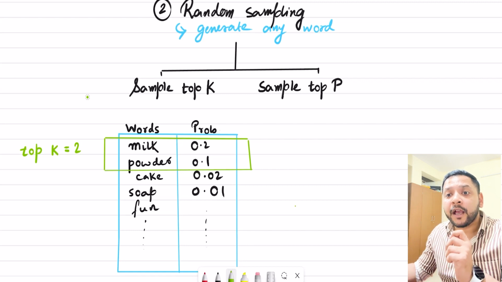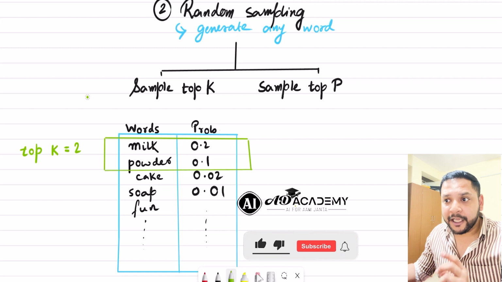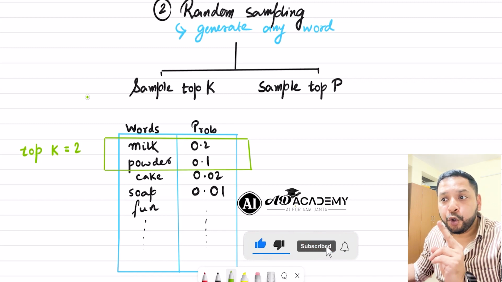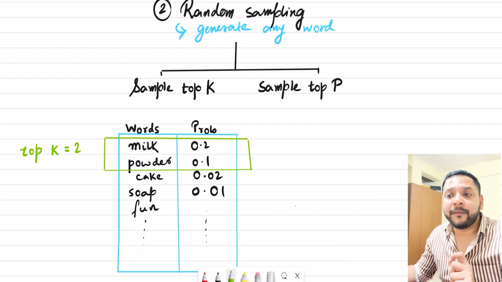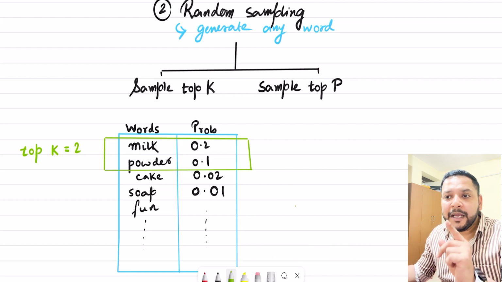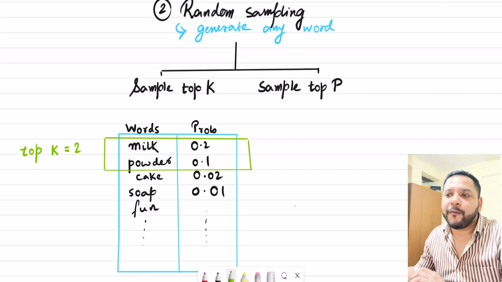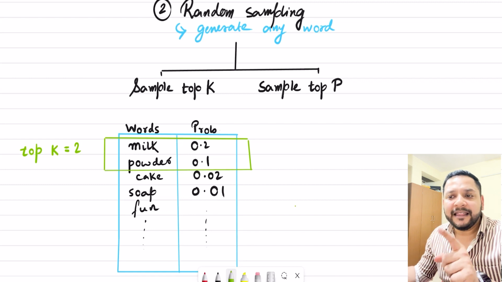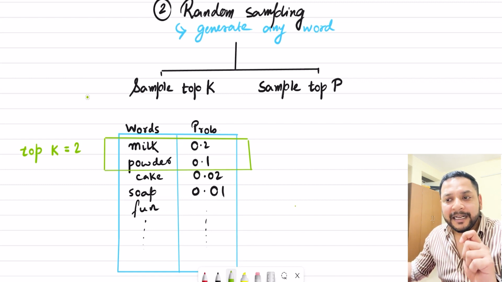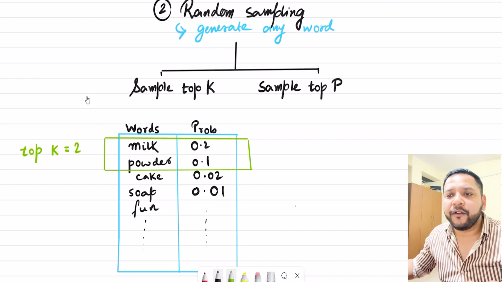If you make the top k value 2, it means that out of all the probabilities, the top two probabilities, where the probability values are higher, those two words will be considered. For example, here milk has probability 0.2 and powder has probability 0.1, and all the other words have lower probability. So the top two probability words are milk and powder, and thus these two words will be taken into consideration, and out of these two words, one will be chosen randomly.